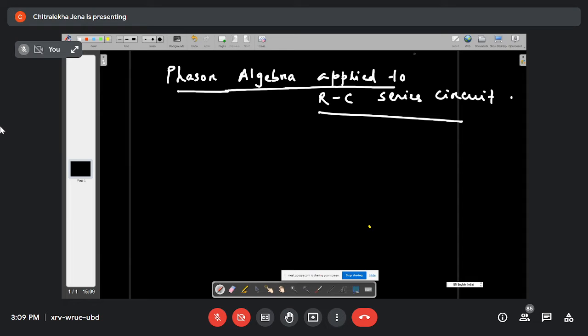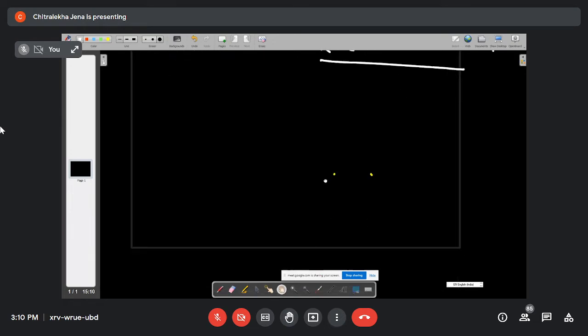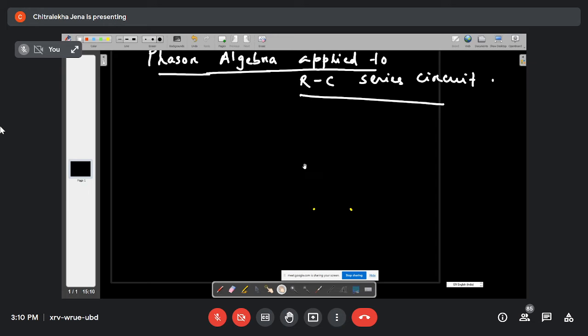Yes, good. You can know the circuit condition. Suppose the value of the resistance, inductance, capacitance is not given. From voltage and current, after solving, you are able to know whether the circuit is purely resistive or purely inductive, or what is the condition of the circuit.